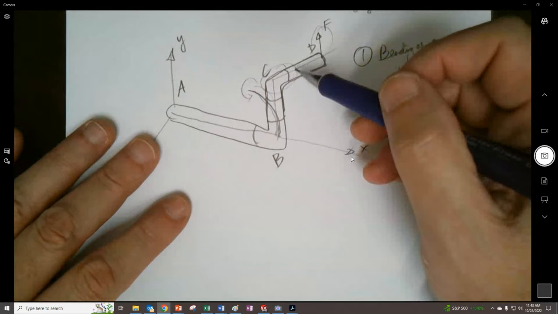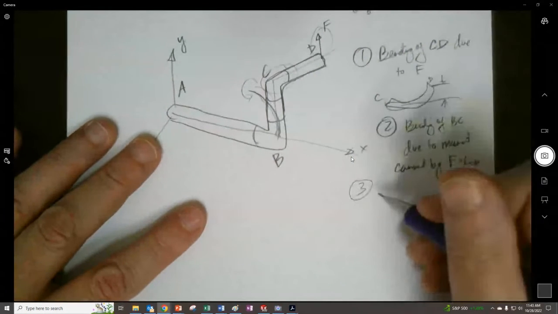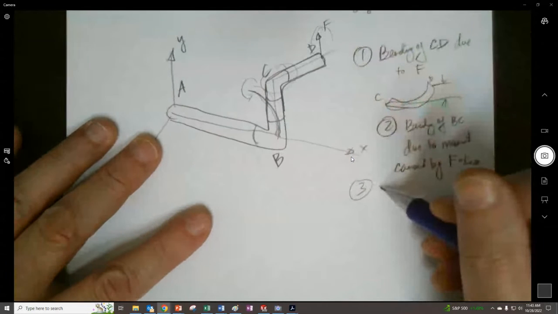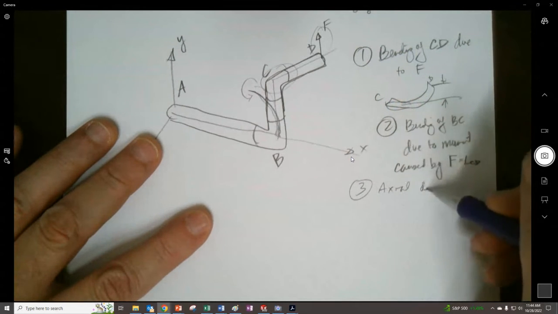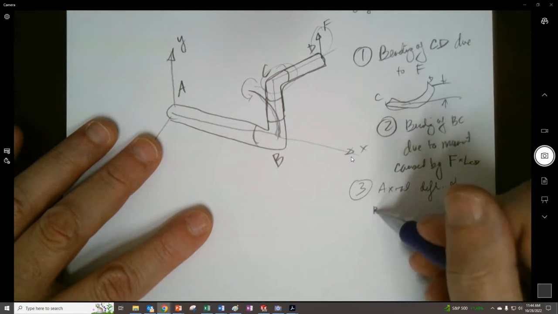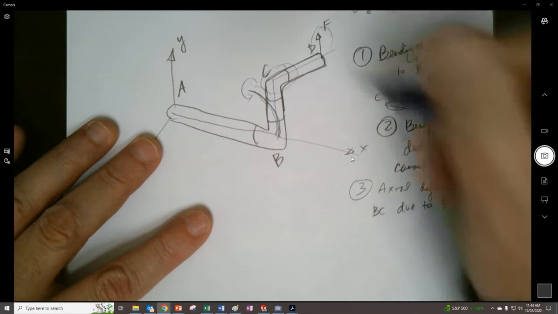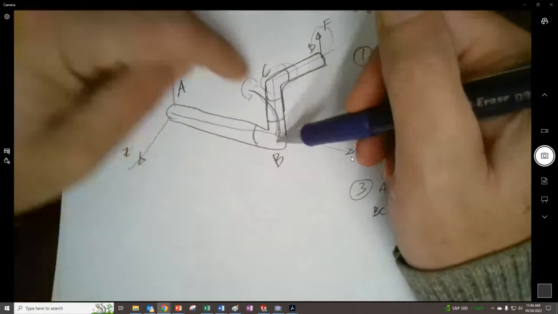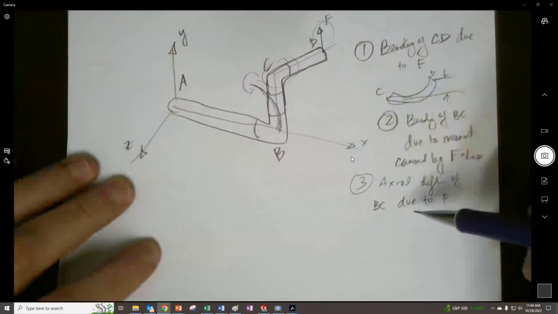And then trying to think of another thing. We could also say 3. Here's a little thought of one, is that we're going to have axial deflection of BC due to F, right? Because the F is right here, BC is going to stretch long. That's going to be a really small value, but it would contribute to it.